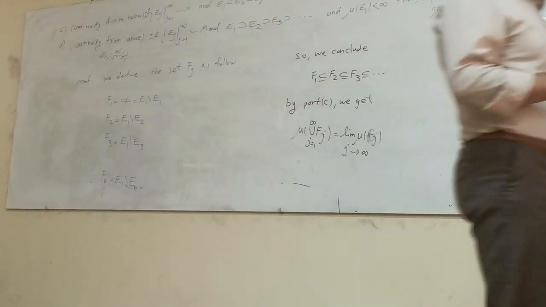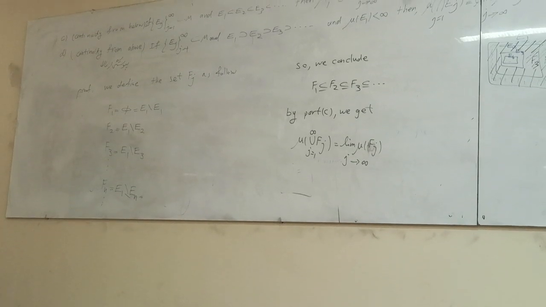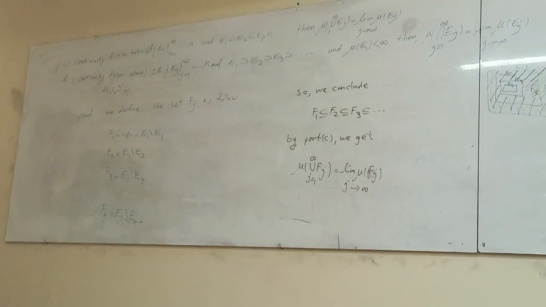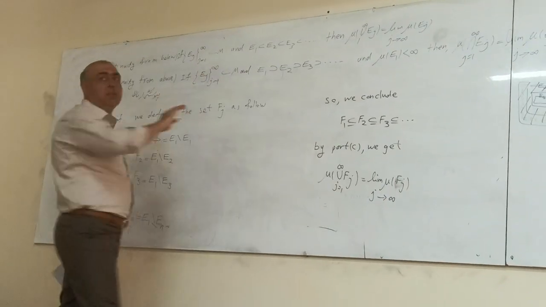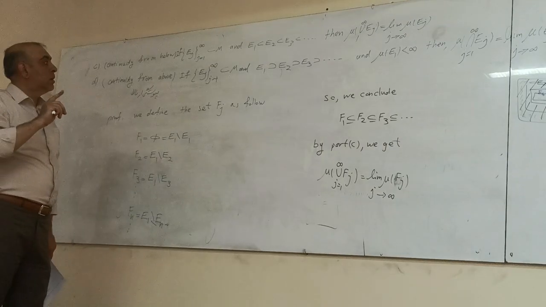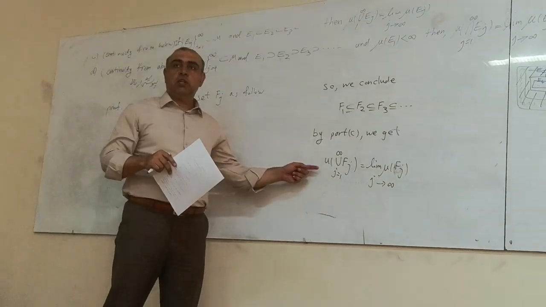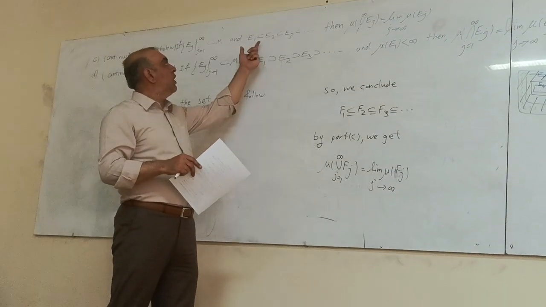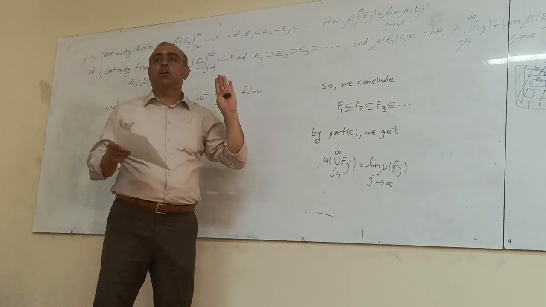So are E1 and E2 joint or disjoint? In part C, so we use part C, okay? In part C, E1, E2, E3, and so on are not disjoint.